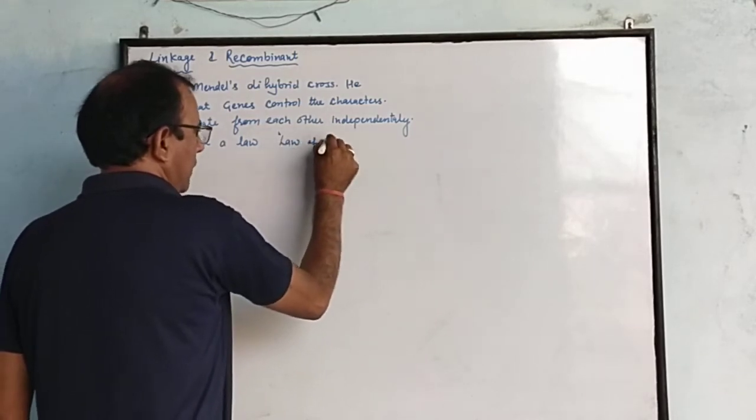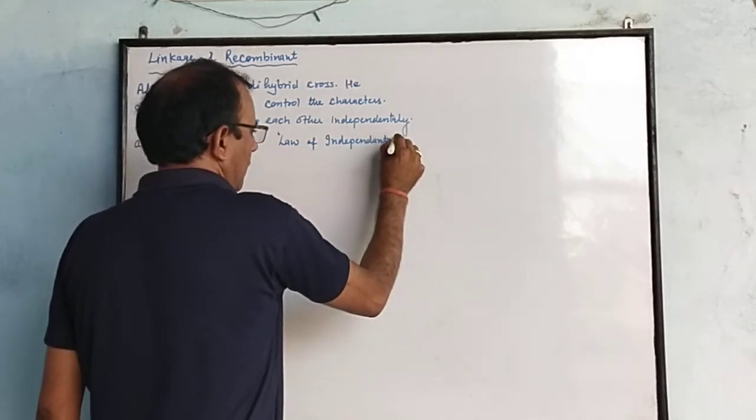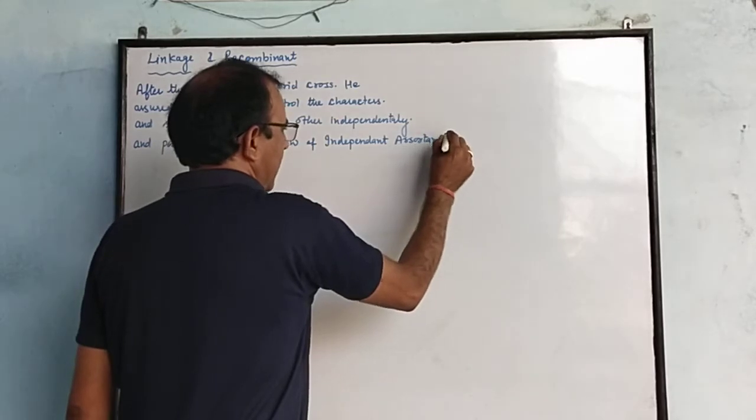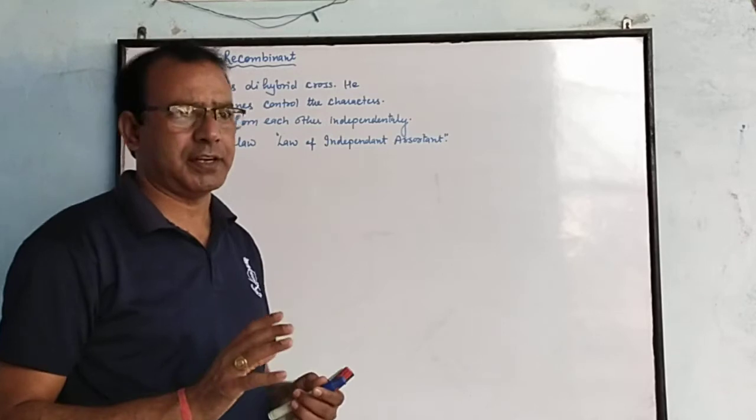Law of independent assortment means when genes are crossed with each other, genes segregate from each other independently.